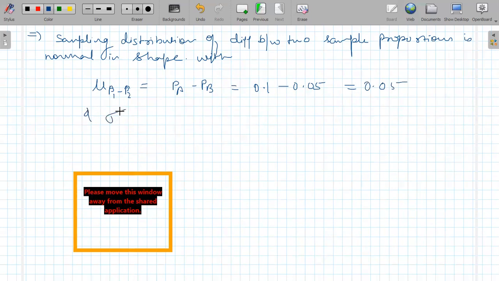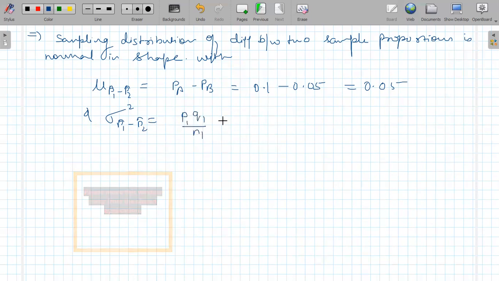And variance is given by P1 Q1 upon N1. So we use A here plus PB QB upon N2.